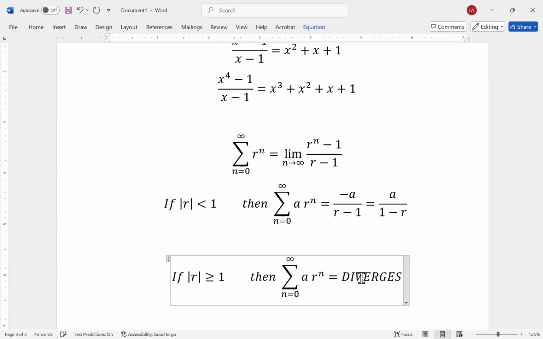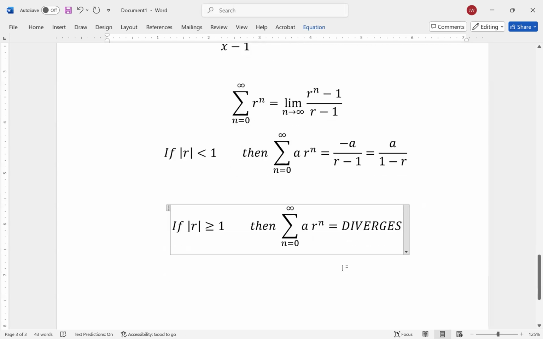Actually, technically, if r is a negative, then it bounces back and forth between really big numbers and really small numbers. So really big negative numbers, really big positive numbers. So if the absolute value of r is greater than or equal to 1, then that summation diverges.